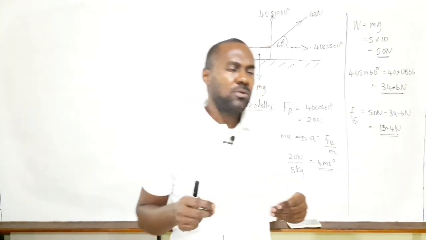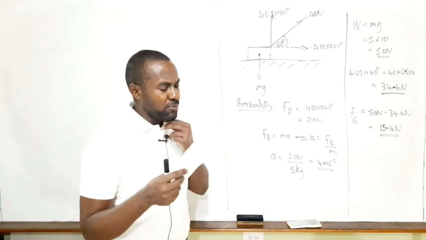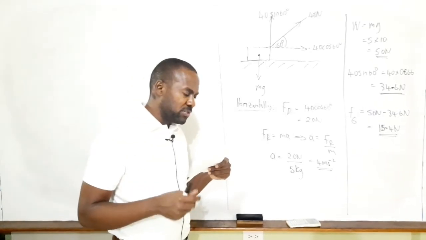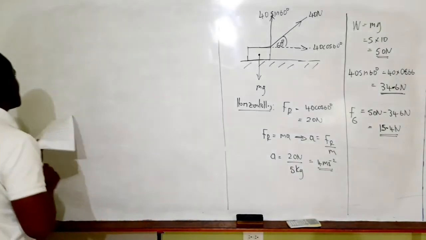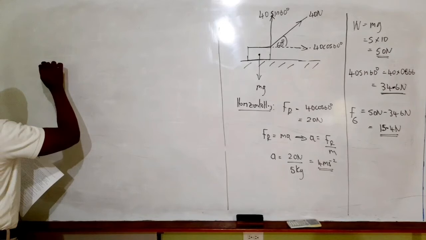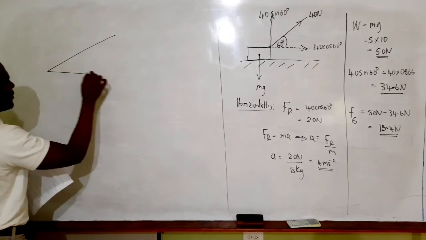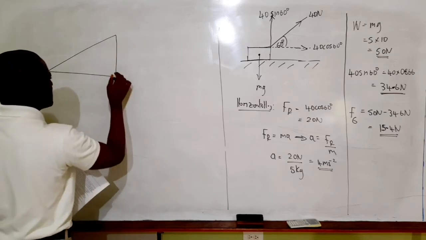So once again, we will try to represent the situation on a diagram. We're told that a railway truck of mass 6 tons moves at an acceleration of 0.05 meters per second squared down a track. So basically what we have is an incline, and the railway truck is moving down the incline. All right?